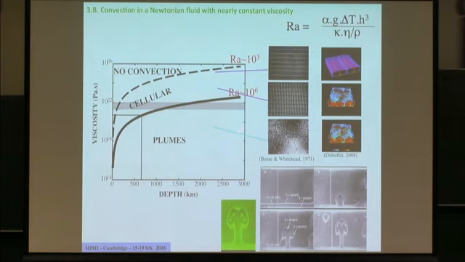For a mantle 3,000 kilometers thick and a viscosity of about 10^22, we are in a regime where we have plumes. So if the mantle was constant viscosity, we would have upwelling plumes, which is good to explain hotspots, but we would also have downwelling plumes.